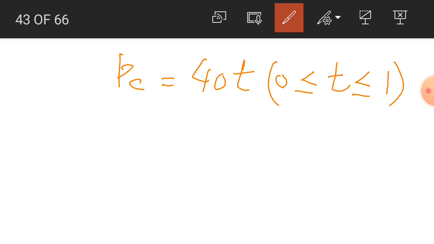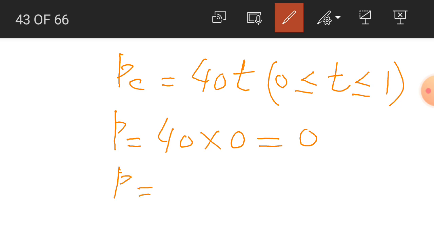So let us calculate the power at time t is equal to 0. At time t is equal to 0, the power will be equal to 40 into 0, which is 0 watt. Then we calculate the power at time t is equal to 0.5. So we have 40 into 0.5, which is equal to 20 watt.